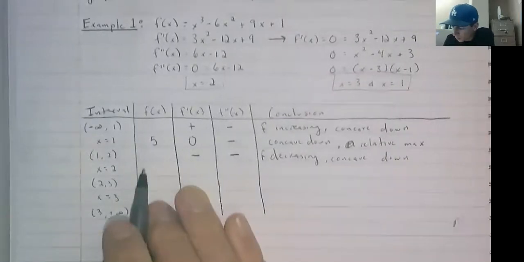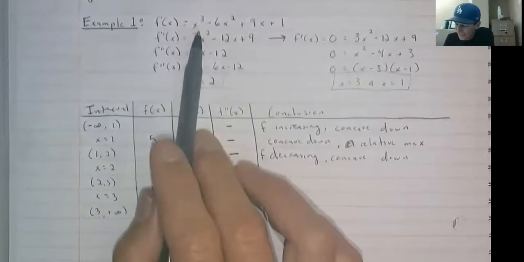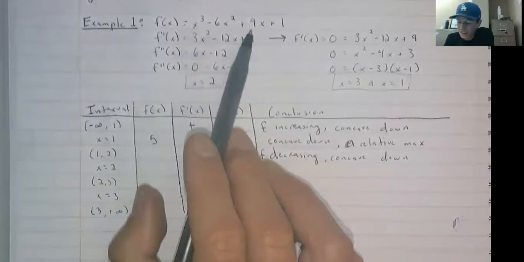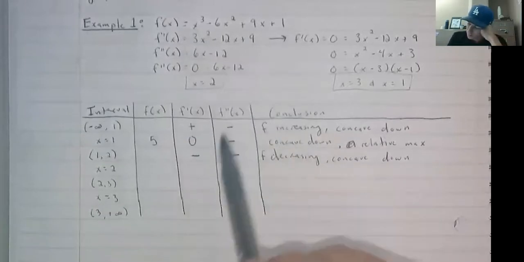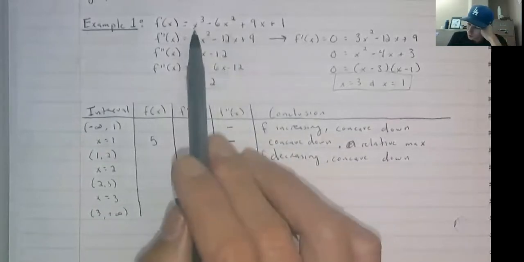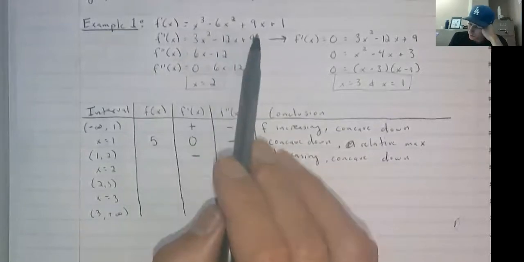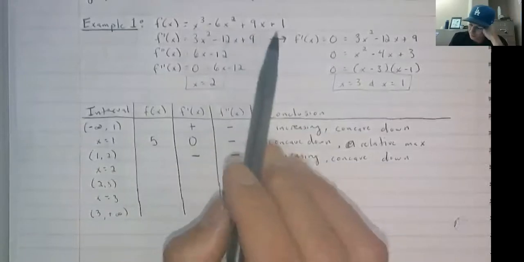And then at 2, we want to do that. 8 minus 24 is like negative 16, plus 18 is like negative 6, plus 1 is like negative 5. Did I do that wrong? Probably. Yeah, my notes say I did that wrong. 2 cubed is 8, minus 24 is like negative 16. Oh, negative 16. Plus 18 is positive 3, plus 1 is 4.